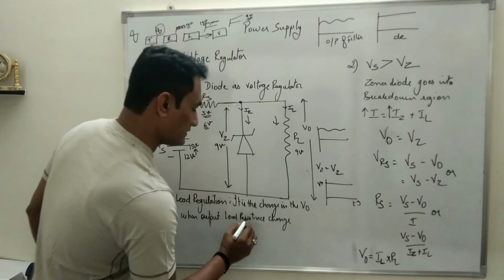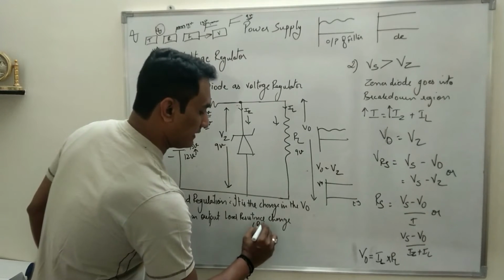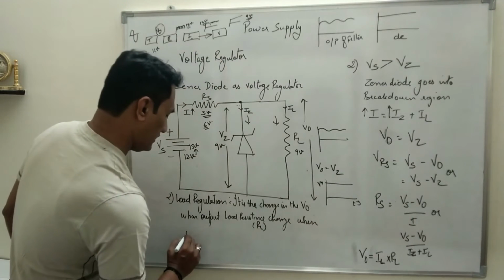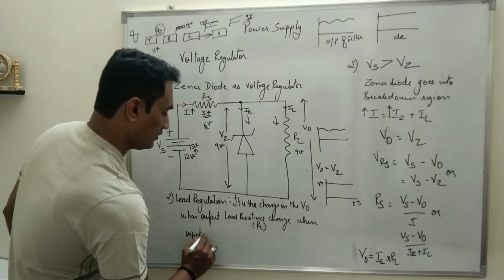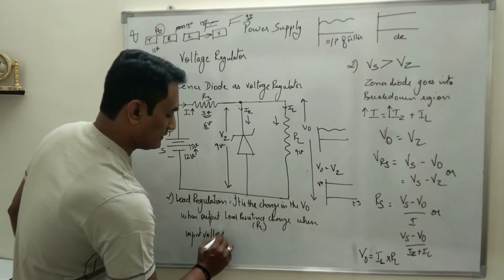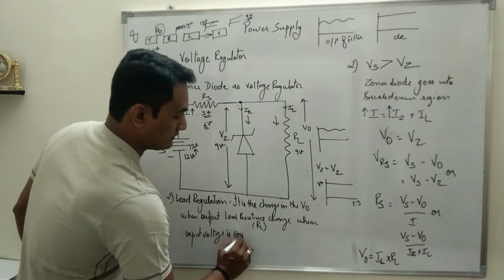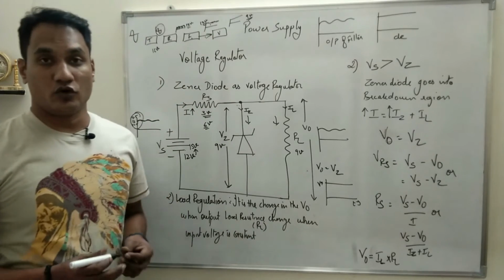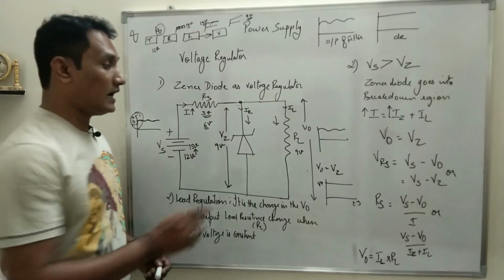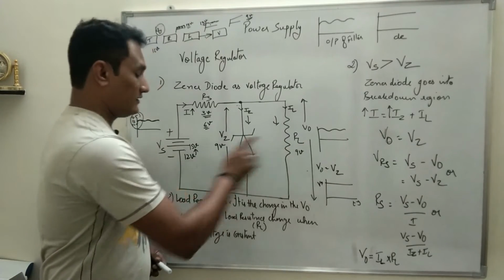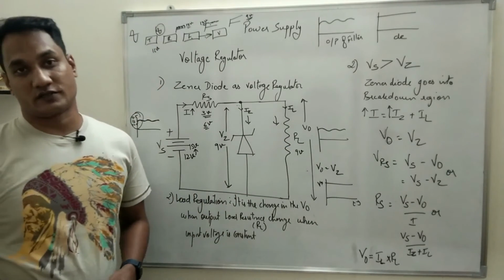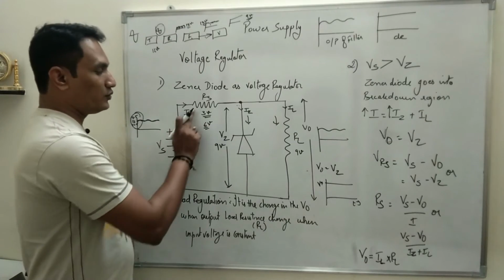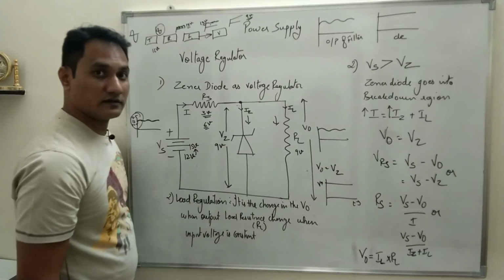Output load resistance means RL changes when the input voltage is constant. So it is the change in the output voltage due to change in the output load resistance when the input voltage is constant. Okay, so now when the input voltage is constant, see, when the input voltage is constant, I is constant, right?